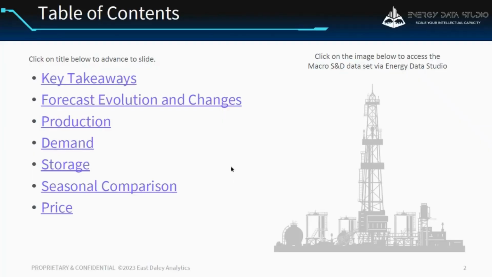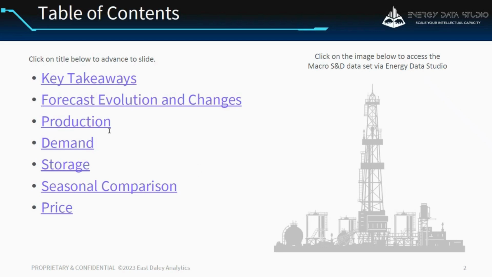Here I have a table of contents with easy to access navigation. We start out with the key takeaways, the observations from the month and its impact on our forecast. And then we talk about what we actually changed in the forecast before moving on to our four main categories.